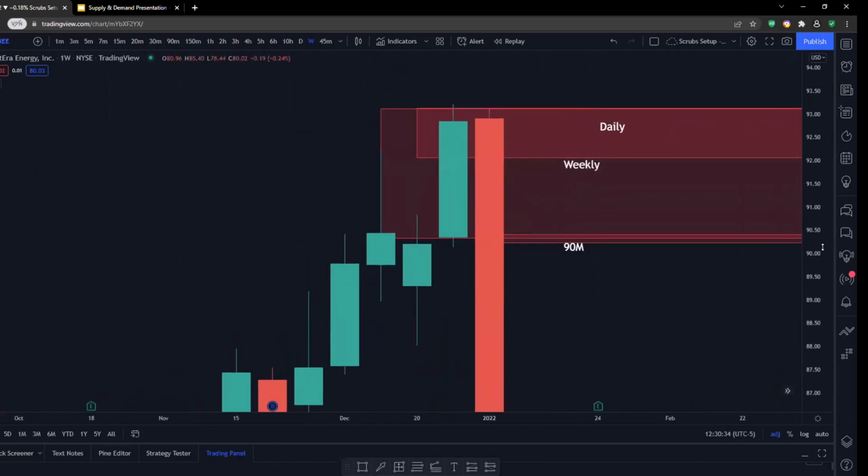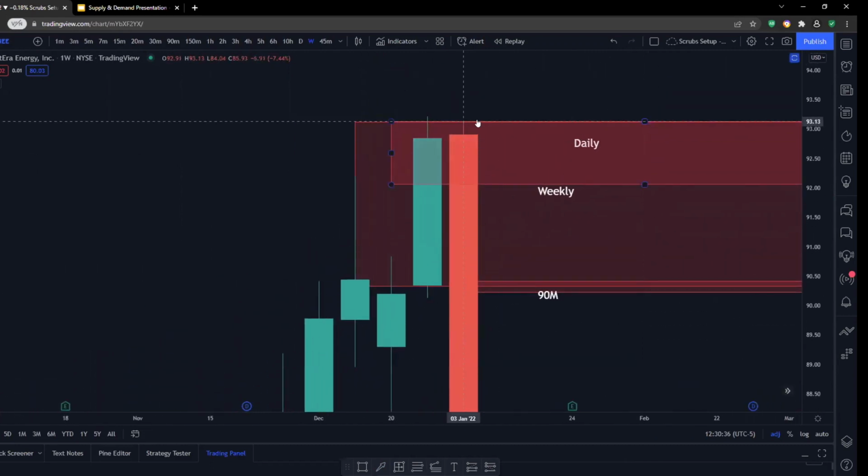Same exact mentality: you would chart the top of this wick where we're getting the imbalance, and the bottom of the body of the basing candle, not this little wick down here. You don't want to incorporate that for supply zones. You want the top wick on the imbalance, and just the bottom of the body on the basing candle. So that's the weekly.